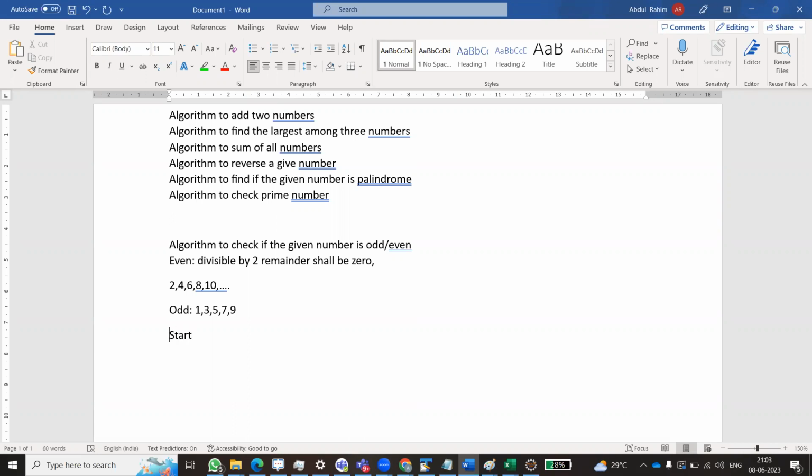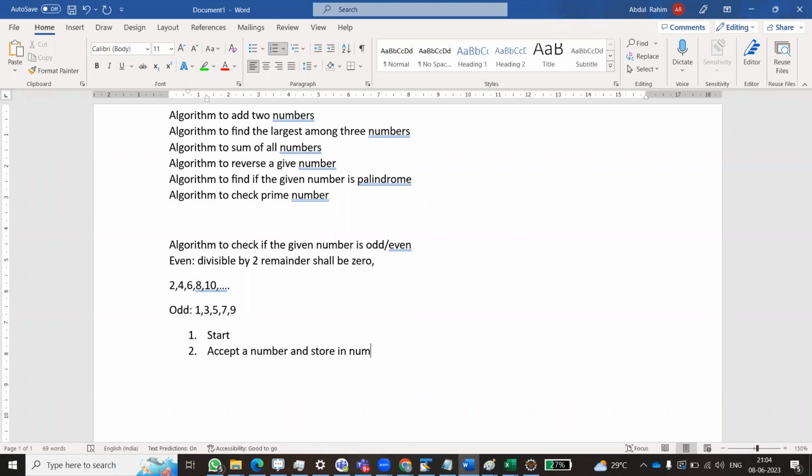First, we need to declare n and remainder, like the number and the remainder. Say x, or I'll say num. Num is my variable. Okay. Now I have that number.